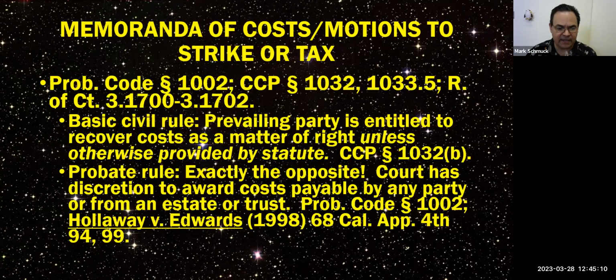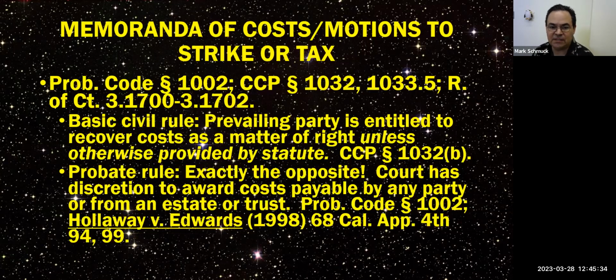All right, moving on. You've won, now what about costs? Costs are a fun issue in probate because we take a position that is different from the ordinary civil rule. The ordinary civil rule is that the prevailing party is entitled to recover costs as a matter of right.